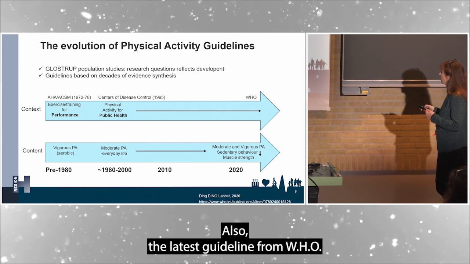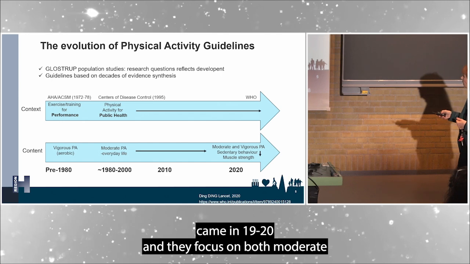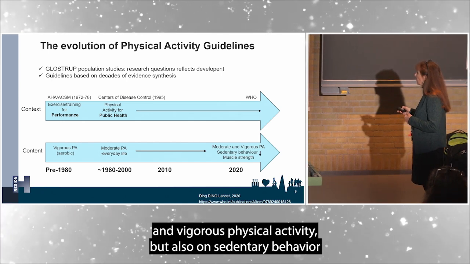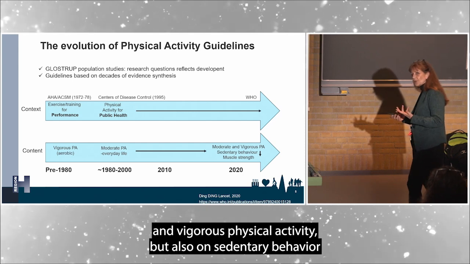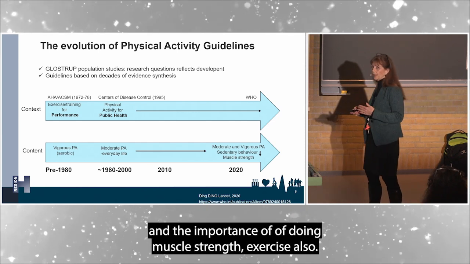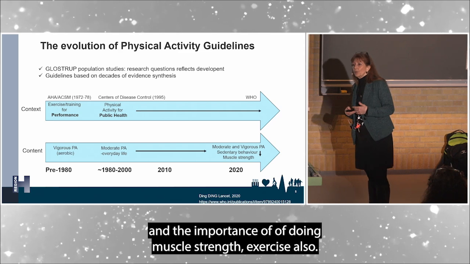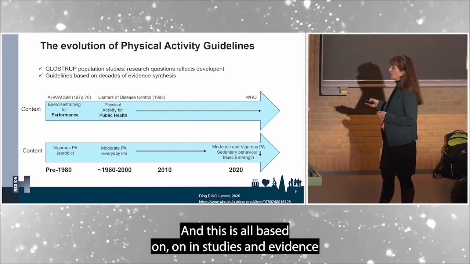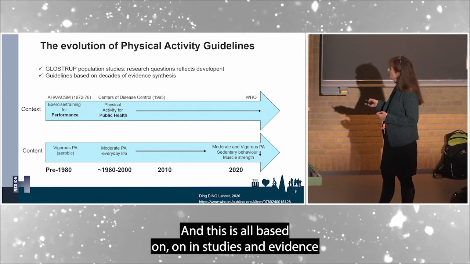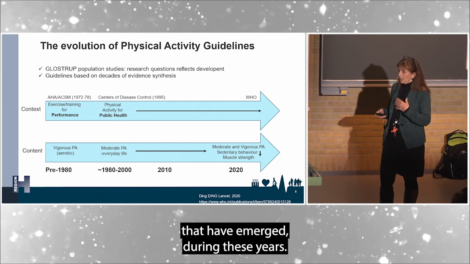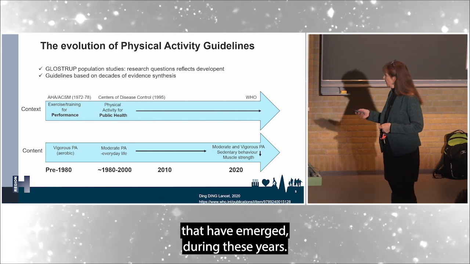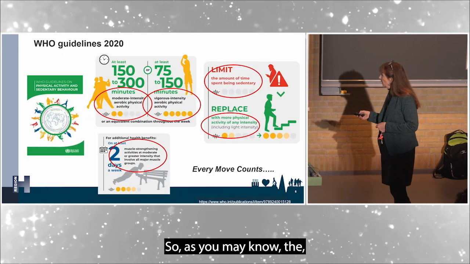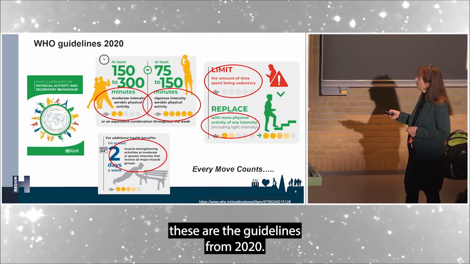Also, the latest guideline from WHO came in 2020, and they focus on both moderate and vigorous physical activity, but also on sedentary behavior and the importance of doing muscle strength exercise also. And this is all based on studies and evidence that have emerged during these years. As you may know, these are the guidelines from 2020.